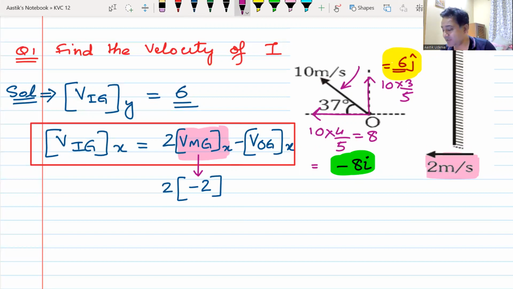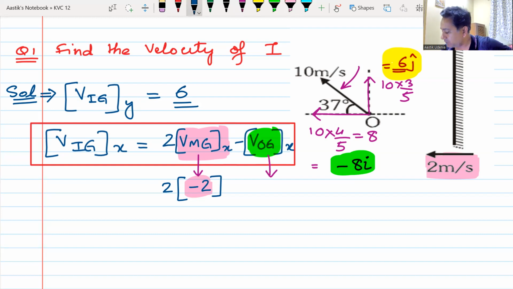2 multiplied by -2. This -2 comes from this pink stuff. Look at the pink stuff, and that is -2 along this. So I have written it as -2. Then I can look at the green stuff, the green hulk. Velocity of object with respect to ground. Now I can write this.